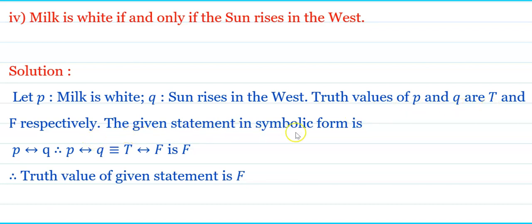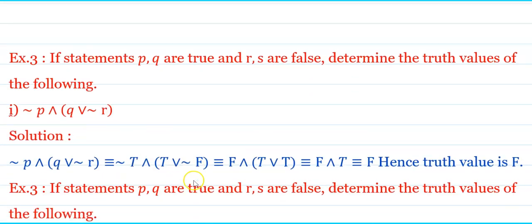The given statement in the symbolic form is P double implication Q. Therefore, P double implication Q is equivalent to T double implication F. P is T and Q is F. Therefore, their double implication is F, because both are different. The truth value of the given statement is F. Now, next example.